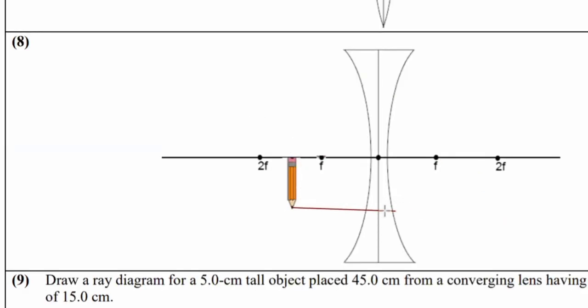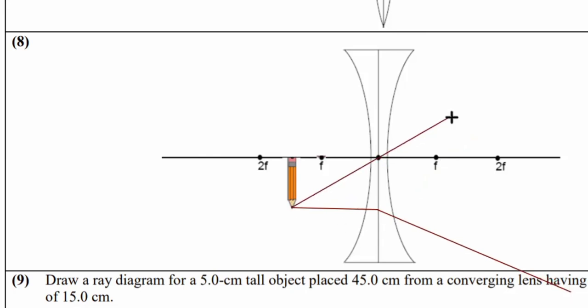Now another diverging lens, over here, you'll pass a light ray through the focal point, and the other ray is going to pass through the optical center. Oh, this isn't going to be convergent, it's going to be divergent.